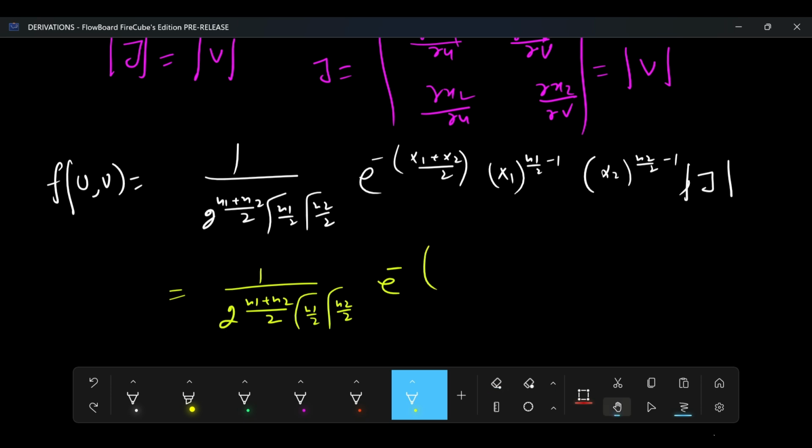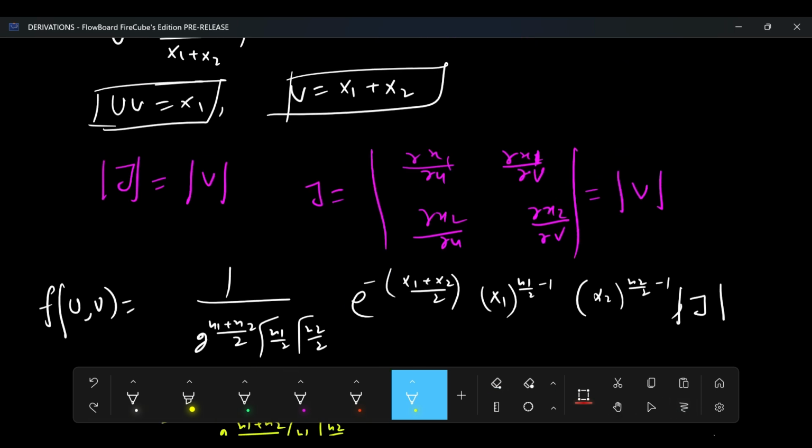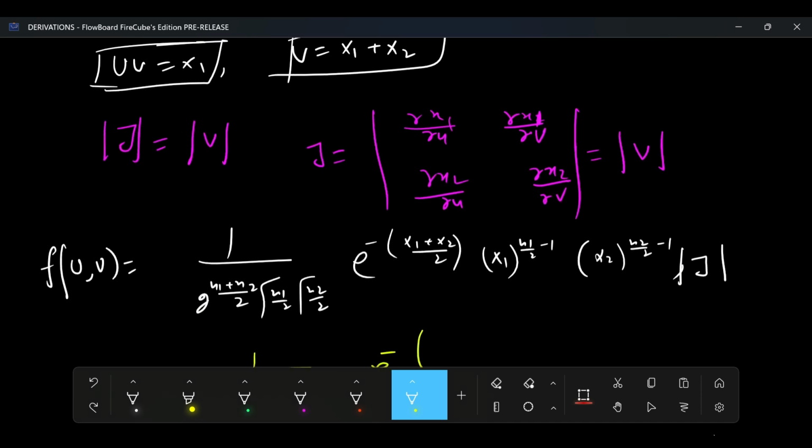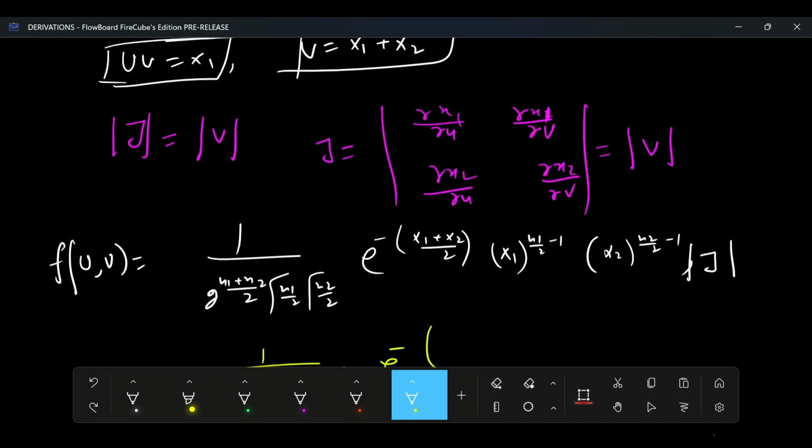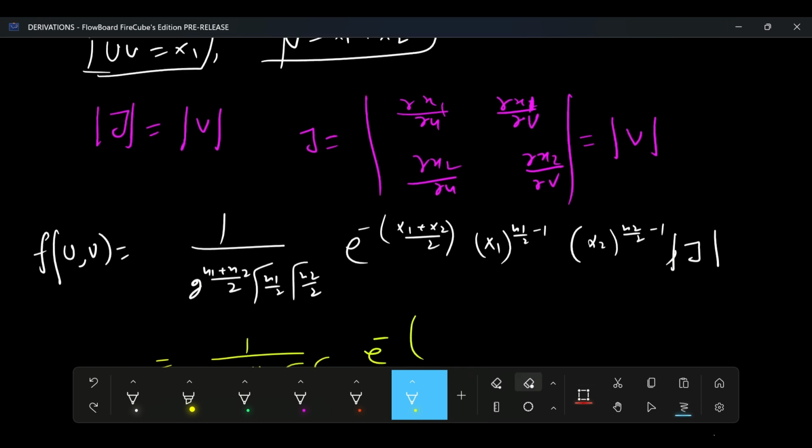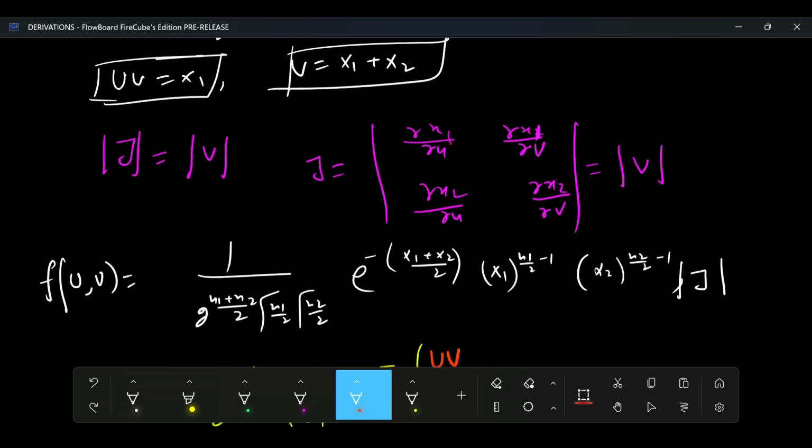What is my x1? That is uv. And what is my v? V is equal to x1 plus x2.